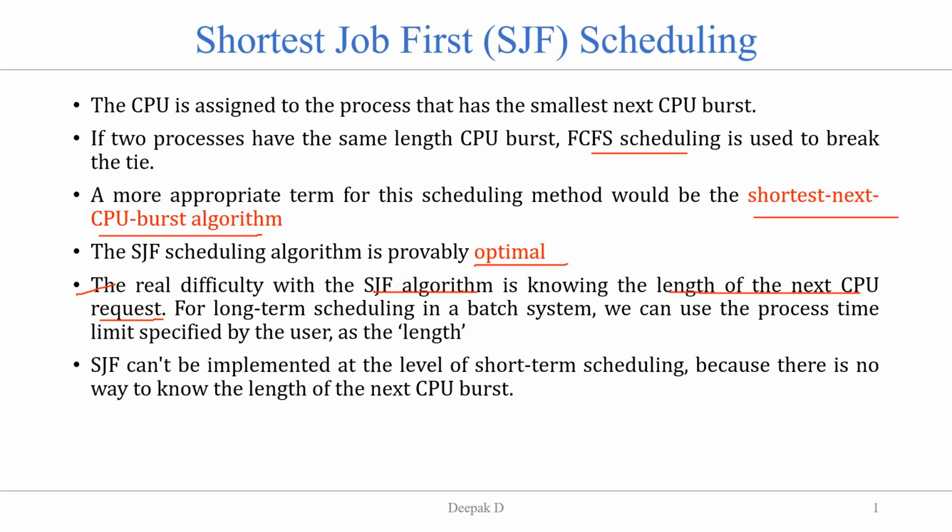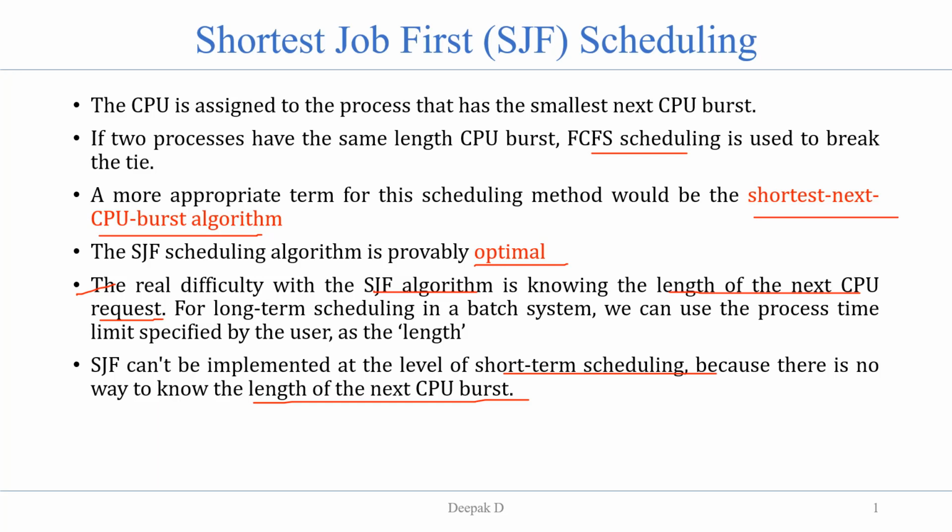But as you know, although the SJF algorithm is optimal, it cannot be implemented at the level of short-term scheduling, because there is no way to know the length of the next CPU burst.